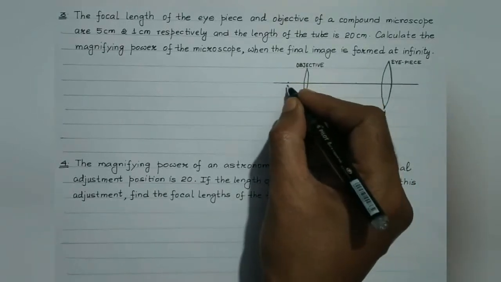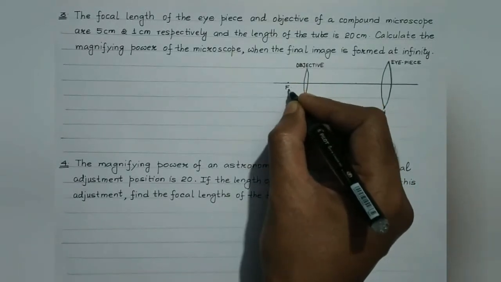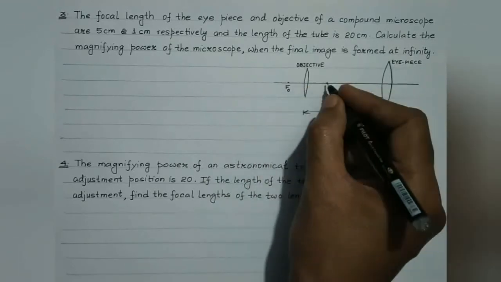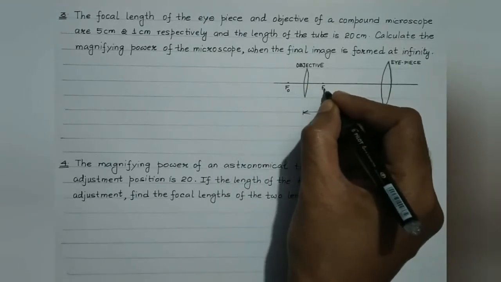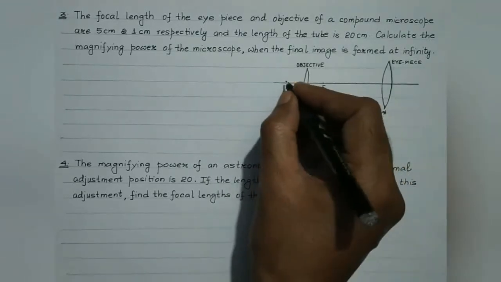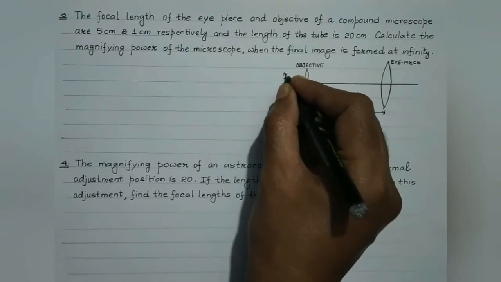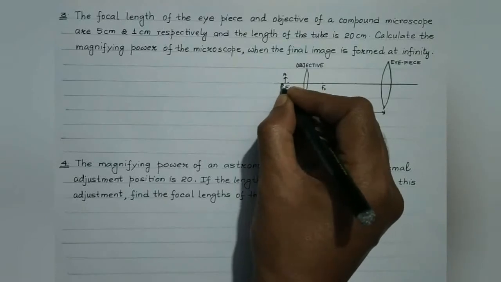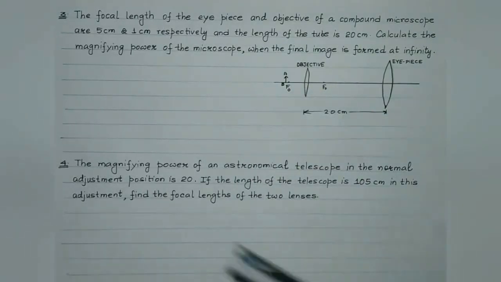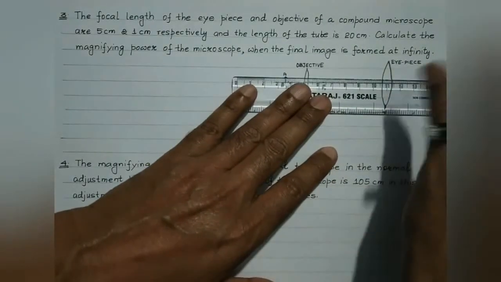Now students, we need to draw the ray diagram for this. This is the focus of the objective. Now in a microscope, we are aware the small tiny object is to be placed just beyond the focus of the objective, right? Now let's draw the ray diagram.